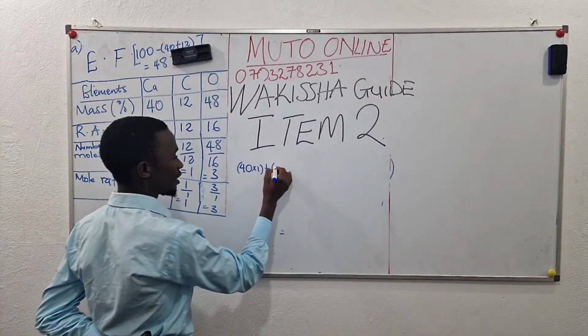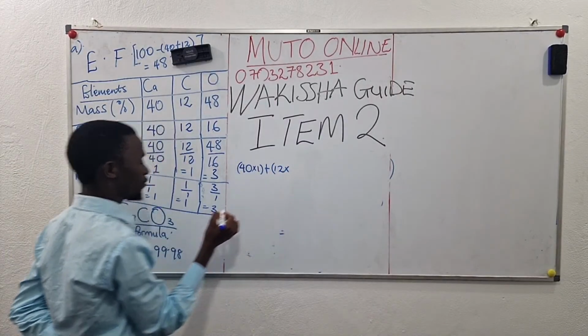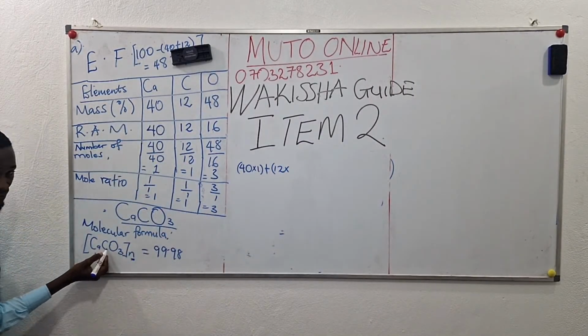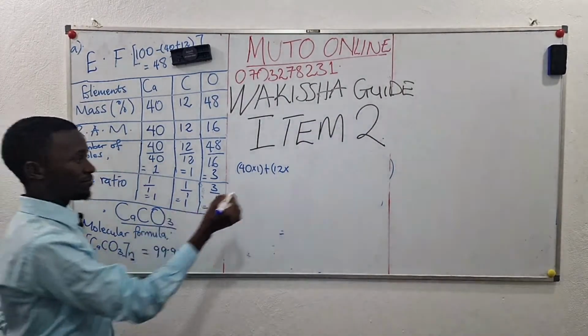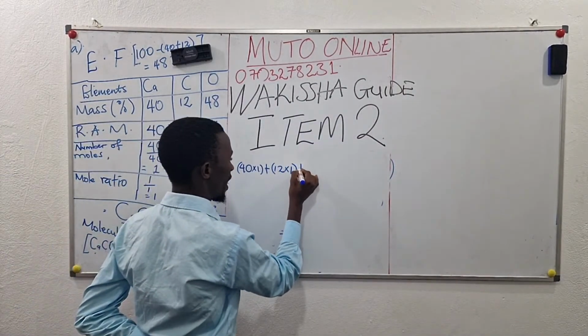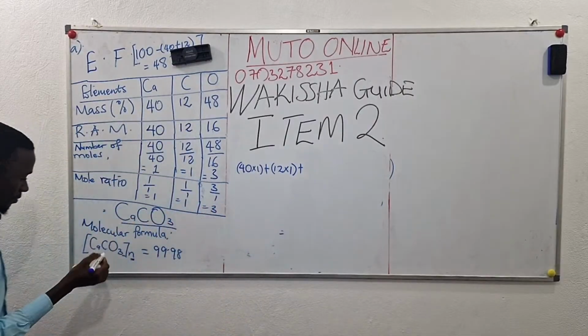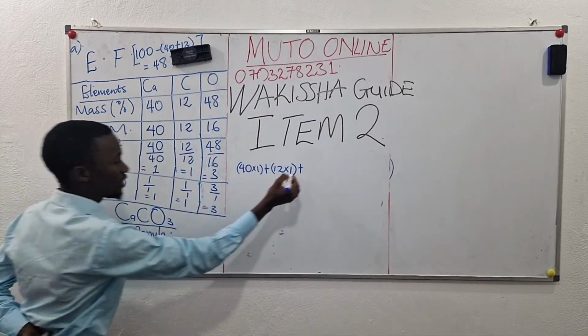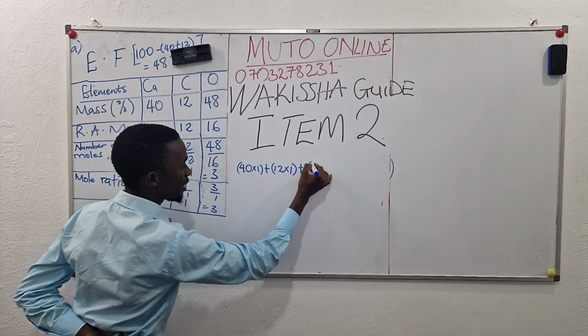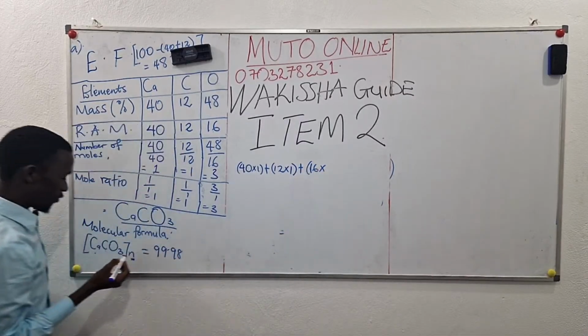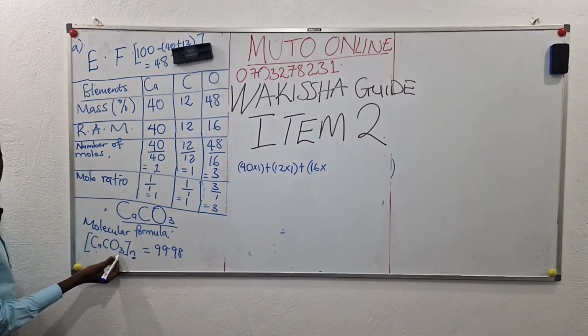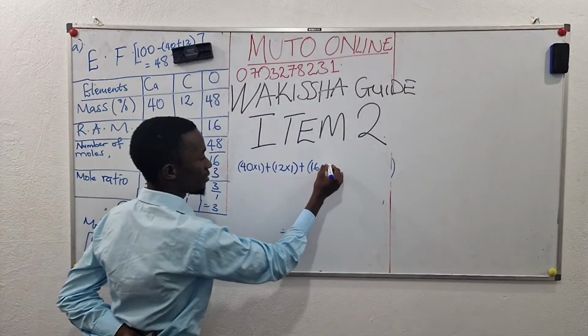It is 12 times the number of atoms we have in the formula, which is 1, plus the weight of one oxygen atom, which is 16, times the number of atoms of oxygen in the formula, which is 3.